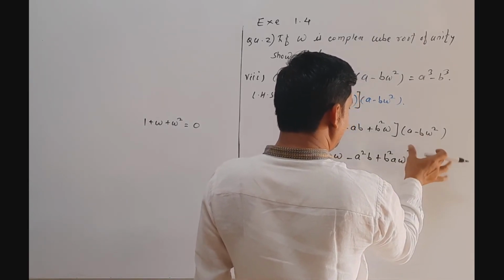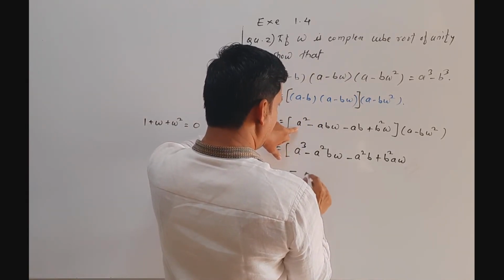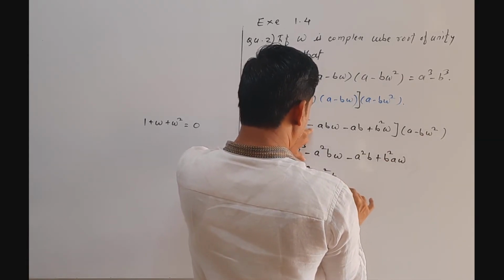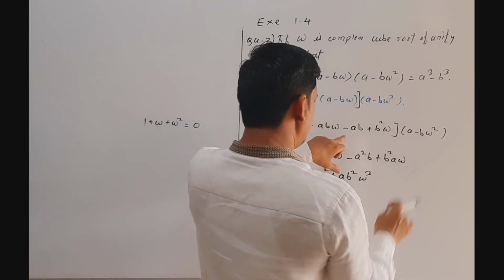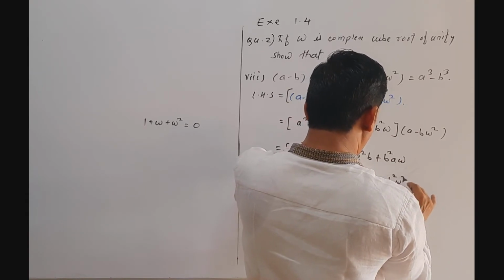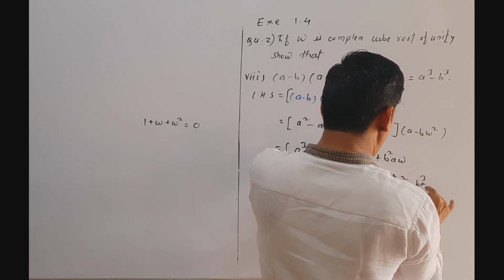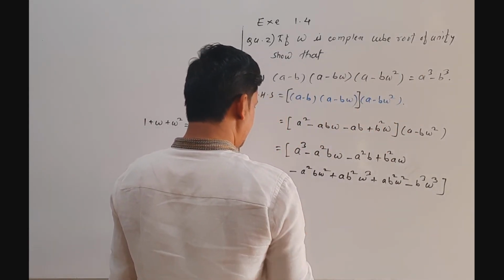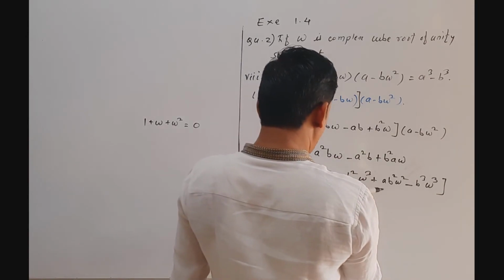Then next multiply by this minus B omega square, so for the first term we get minus A square B omega square, then minus minus gets plus, so we write here A into B square omega cube, then minus minus plus, we write here AB square omega square, then plus minus minus B into B square, that is B cube, then omega into omega square, we write omega cube.